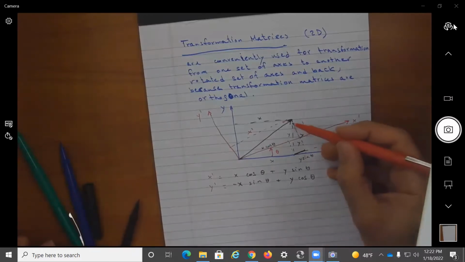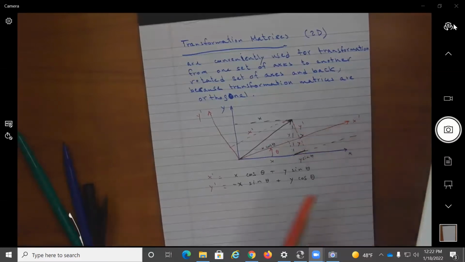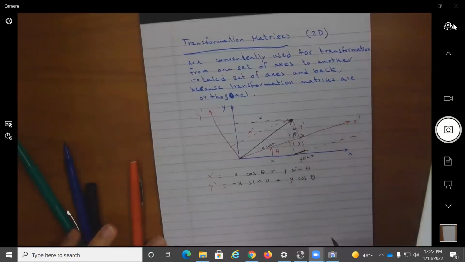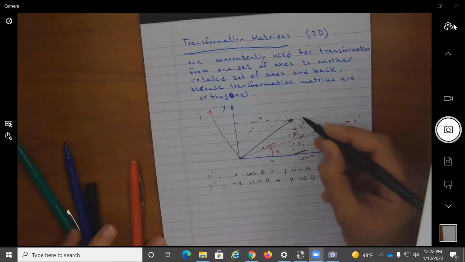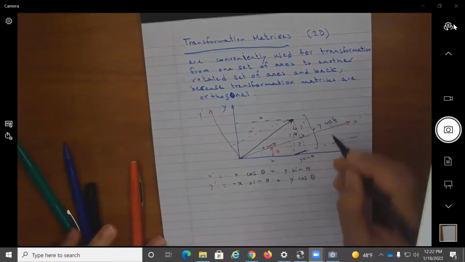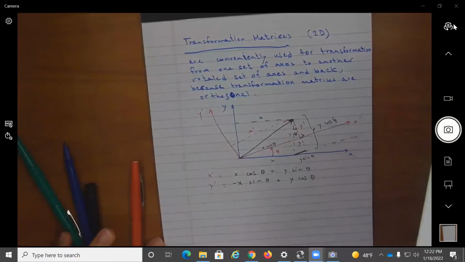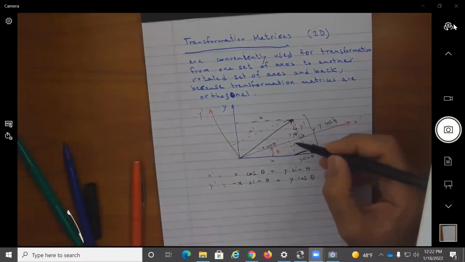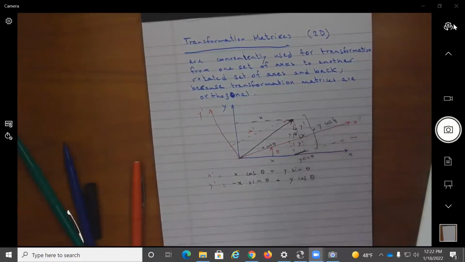If I take Y cosine theta, this angle is theta, so this here would be Y cosine theta. If I subtract X sine theta, which is this distance, I would get Y prime.